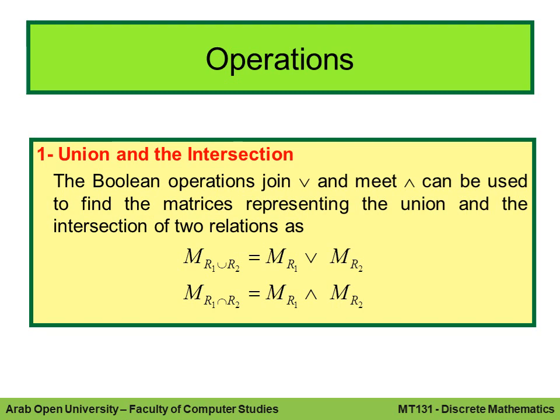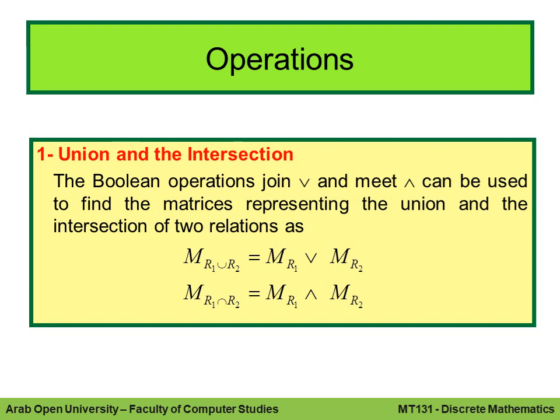Now, we were able to form new relations by taking unions and intersections. The operations we studied on 0 and 1 matrices can be applied, which is the join and the meet. You can use them to find the matrices for the union and intersection.